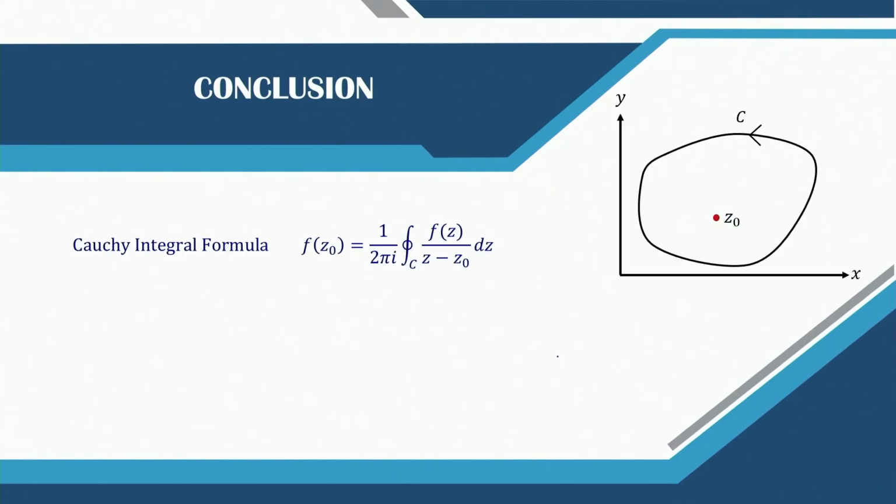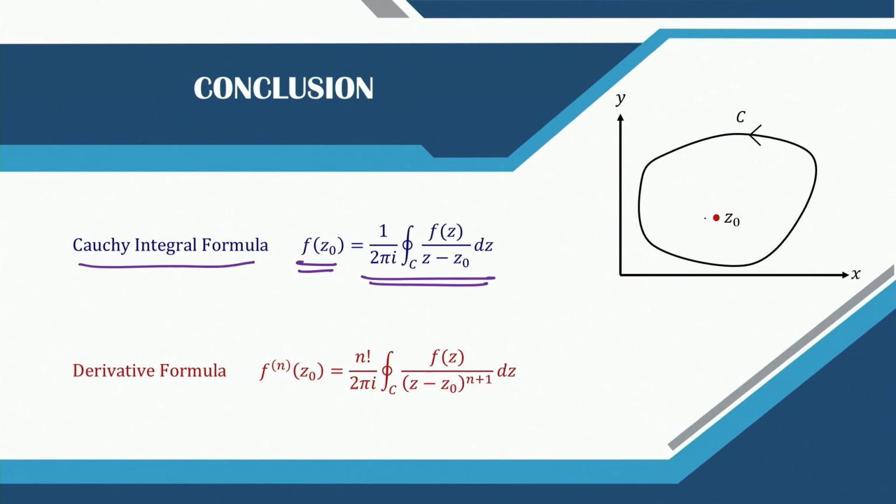Just to conclude now, we have learnt about the Cauchy integral formula, which is very useful for evaluating integrals, and we have also seen the derivative formula, which is exactly the kind of extension of this, or we can say this is a particular case when we put n equal to 0, because putting n equal to 0 and factorial 0 as 1, we are exactly getting this formula.